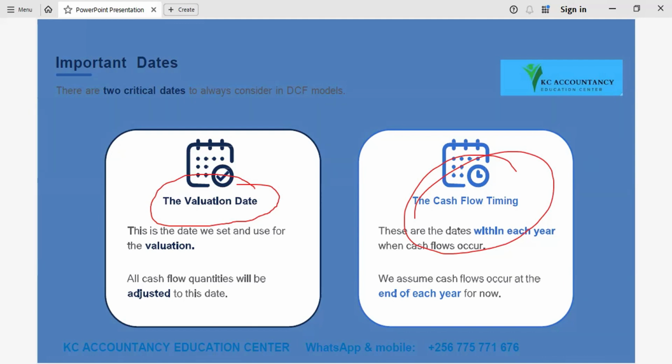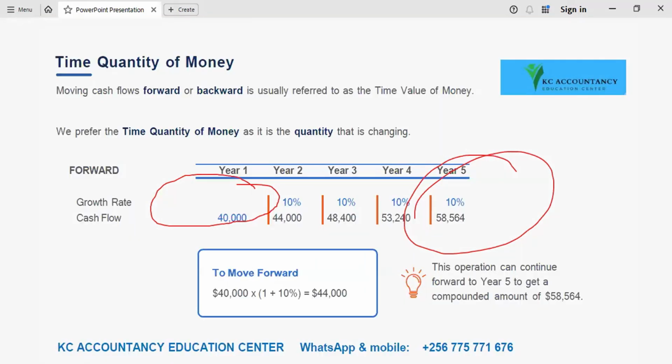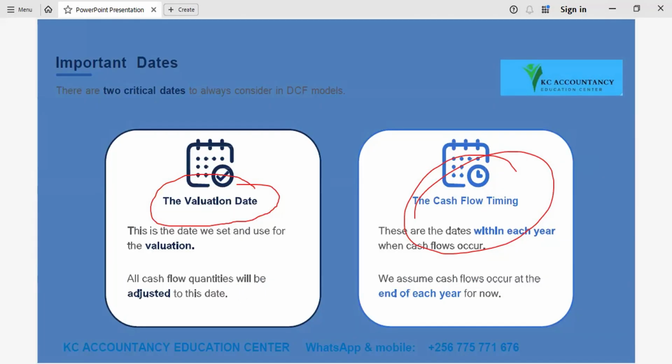So if we first think about the future cash flows, these are the amounts that we anticipate to receive in the future.